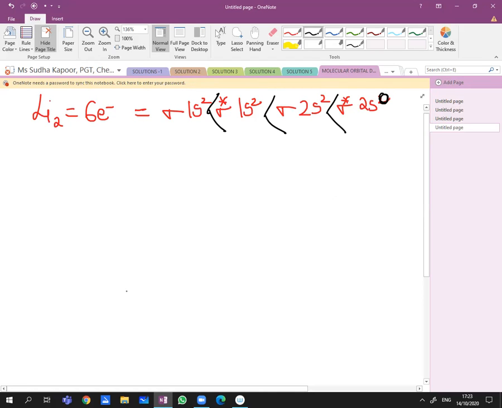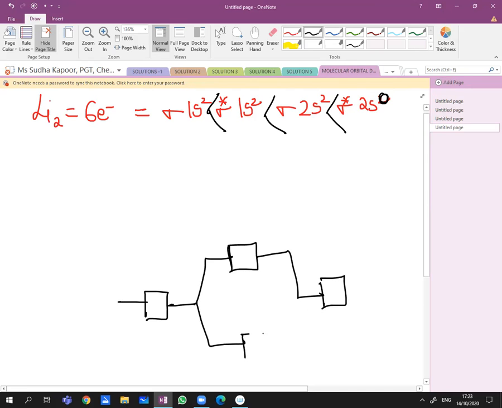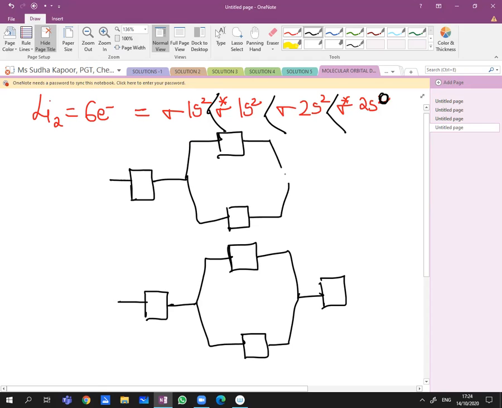So first of all, we will draw the diagram for sigma 1s2, the same as we have followed in the previous part. Labeling and writing should all be done very neatly. Then the same pattern is followed for sigma 2s2.